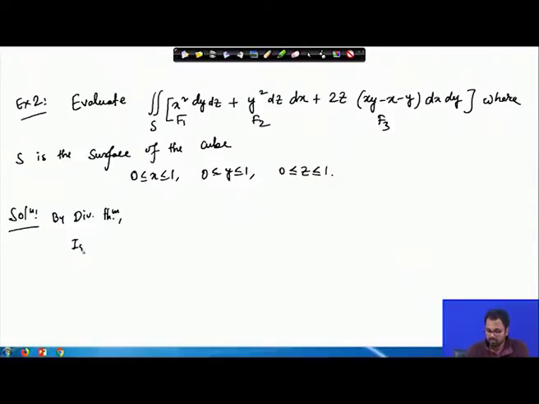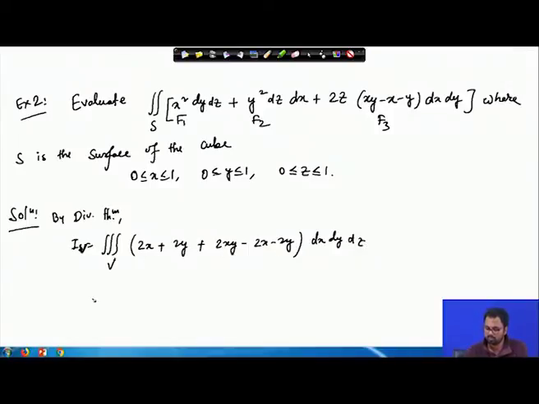So our I s, which is this surface integral, will reduce to our volume integral I v, and del f1 del x will be 2 x, then del f2 del y will be 2 y, and then del f3 del z will be 2 x y minus 2 x minus 2 y, dx, dy and dz.